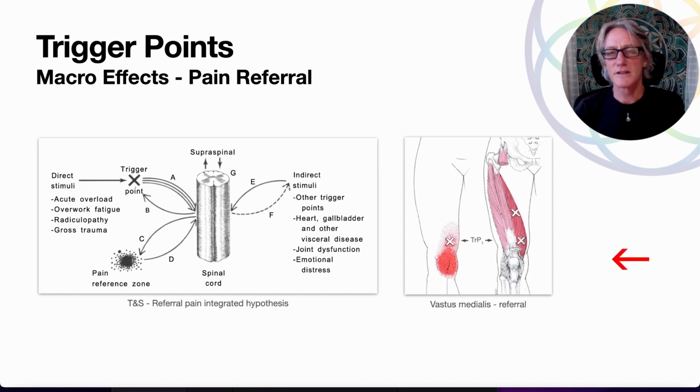Just as an example, here is a common muscle that causes medial knee pain. Here's where someone commonly will feel pain, the medial knee area, and there's no actual problem in the knee, but there are trigger point fibers, contracture fibers, in the vastus medialis, and commonly in these areas here.